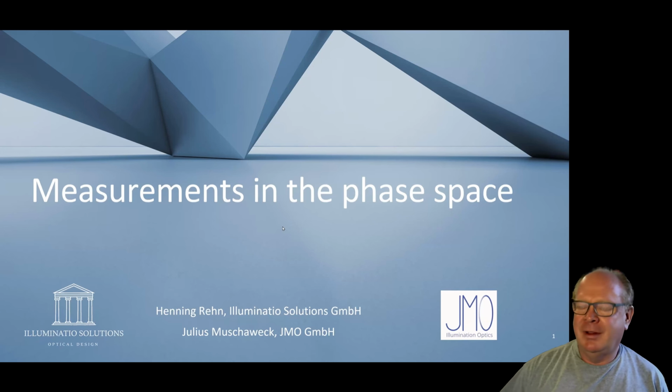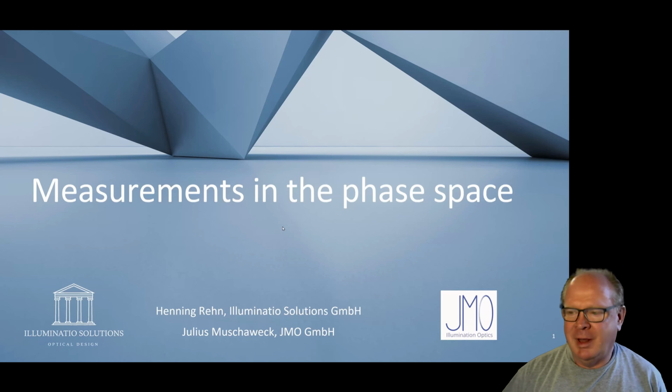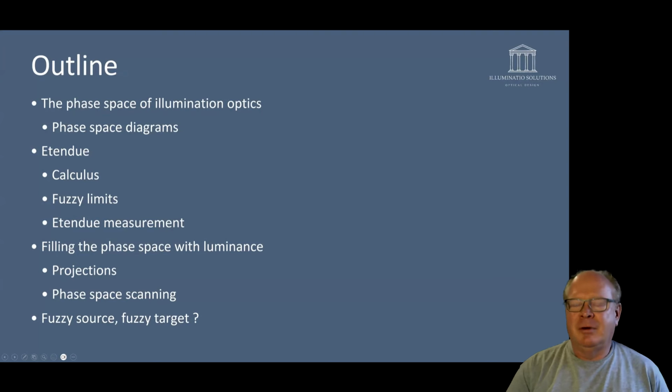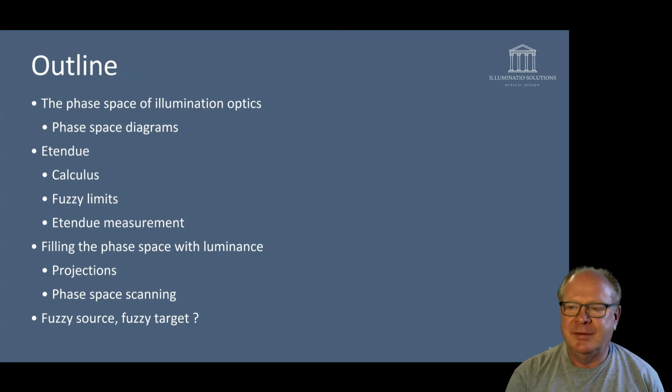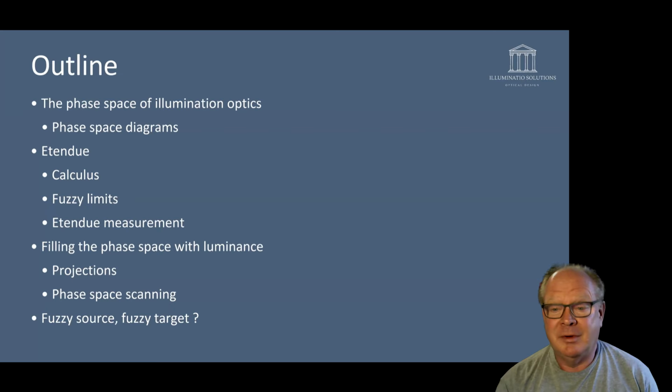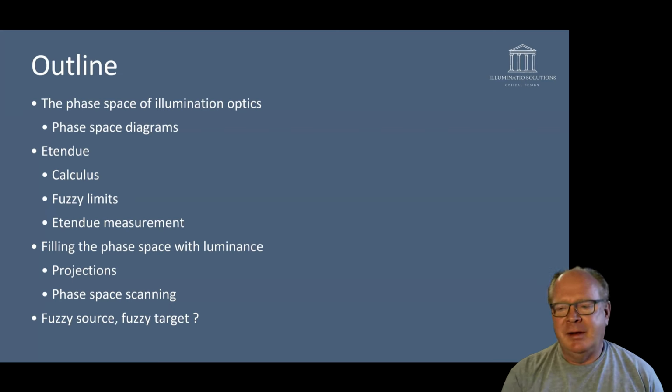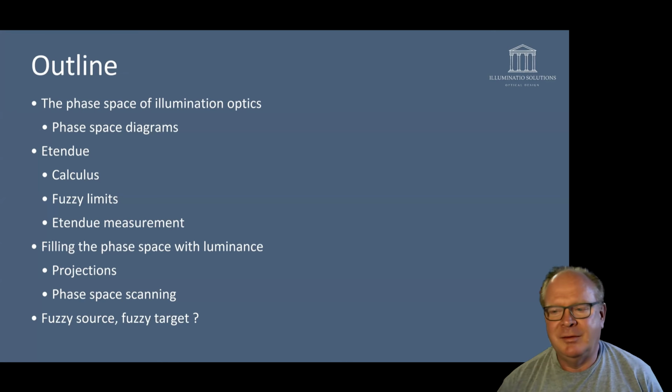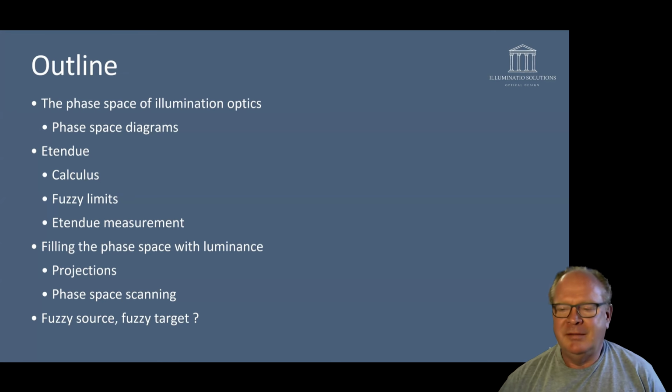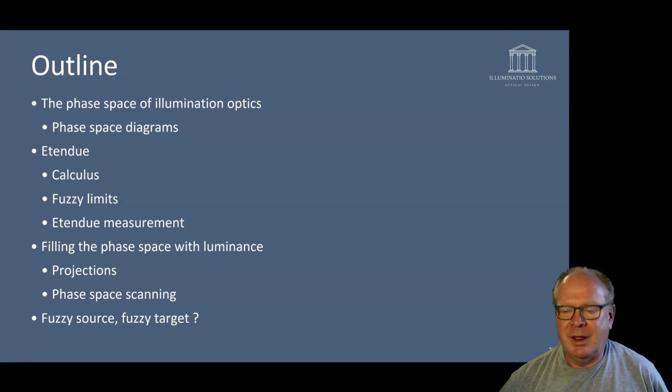Today I want to talk about the phase space and how we can measure quantities in the phase space. This is my outline. First, I have to introduce the phase space and some diagrams we can draw, and show some Étendue calculations. Then I go to difficult cases where we cannot apply the standard Étendue theory and have to estimate Étendue anyway.